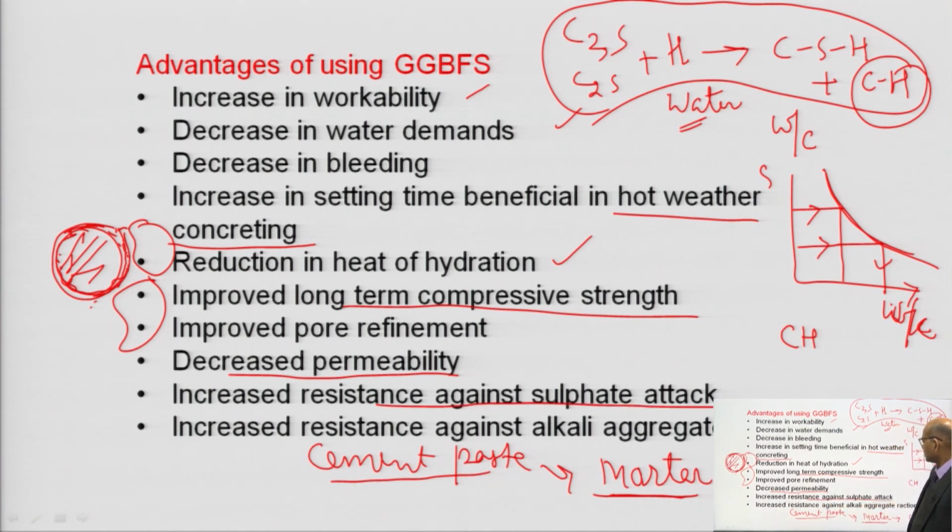Okay. So, if you are using GGBFS, sulphate attack will be lesser, meaning expansive ettringite formation will be lesser. Another important benefit you can get is more resistance against alkali aggregate reaction.